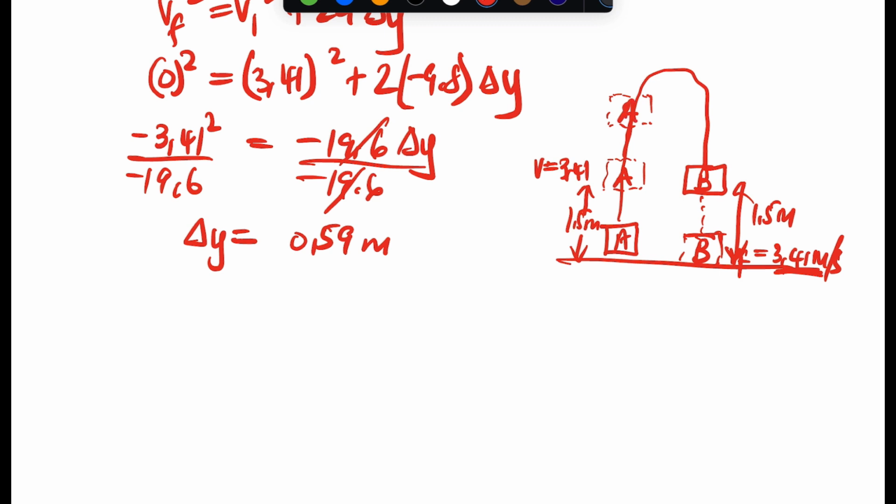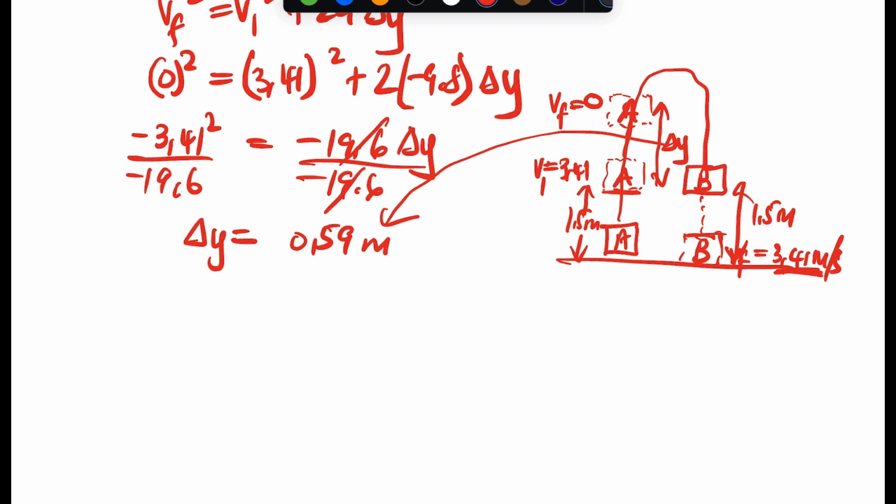So when it's here, it's 1.5 above the ground, and we want the displacement from here to here. I took this as the initial, and when it gets there, the final velocity will be 0. We want this displacement, and that's what we have calculated.